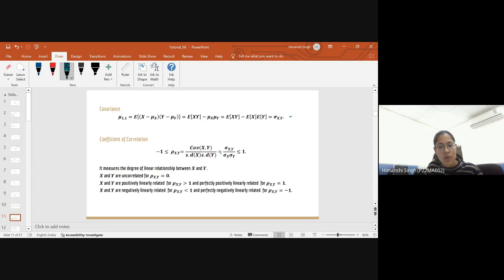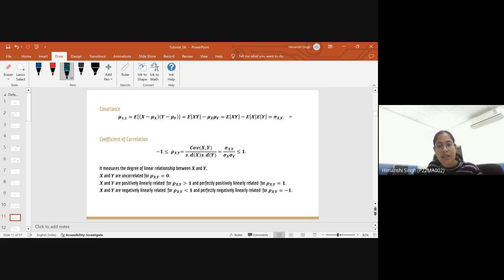This quantity will be between minus 1 and 1. And what is this coefficient of correlation basically? It measures the linear relationship between the random variables x and y. If there is some linear relationship between x and y, it will measure the degree of that linear relationship.